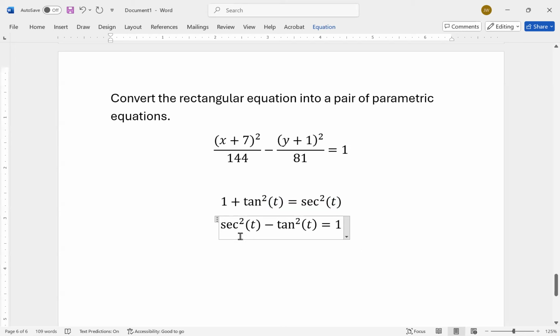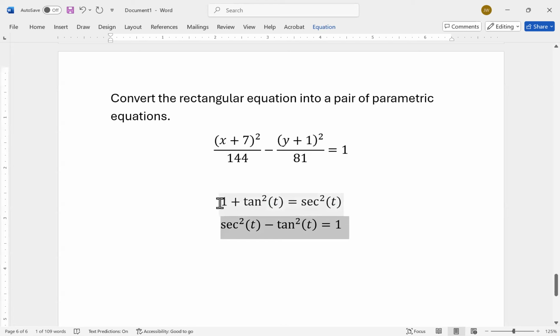If I write it this way, then I already have a form which matches my hyperbola form as far as which things are being subtracted and in which order. So I am going to use this version of the Pythagorean identity. Secant squared of t minus tangent squared of t is equal to 1.